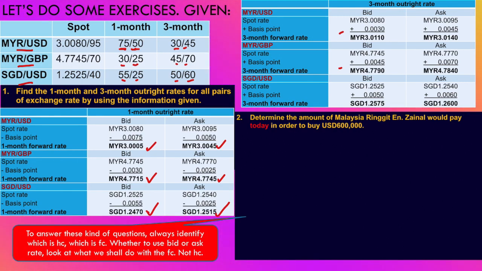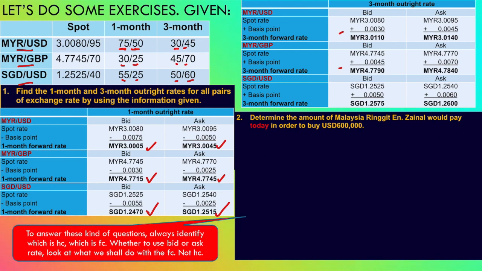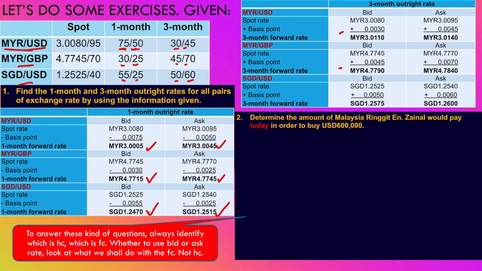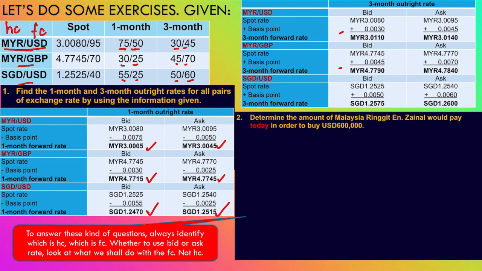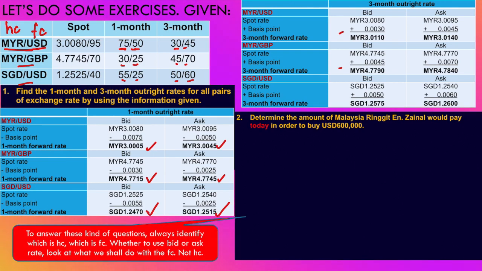Whether to use bid or ask rate, look at what we shall do with the foreign currency, not home currency. So for this one, for Malaysia ringgit and US dollar, home currency would be Malaysia ringgit, foreign currency would be US dollar. So, determine the amount of Malaysia ringgit Encik Zainal would pay today in order to buy 600,000, meaning the bank will sell US dollar to Encik Zainal.